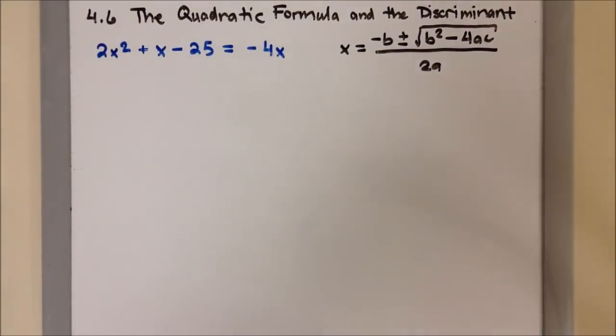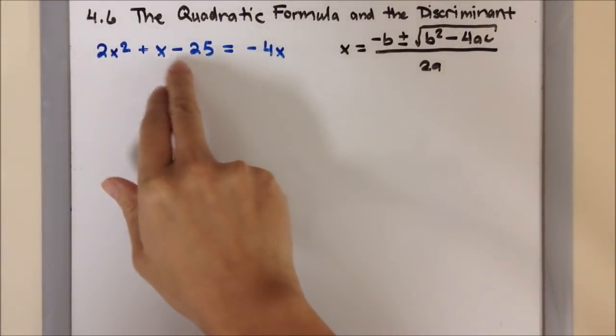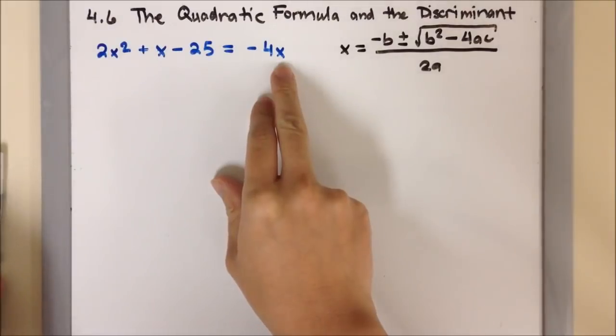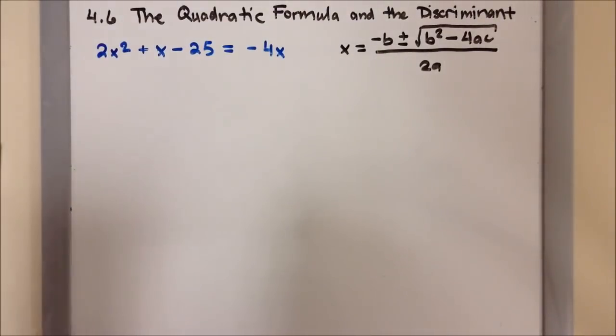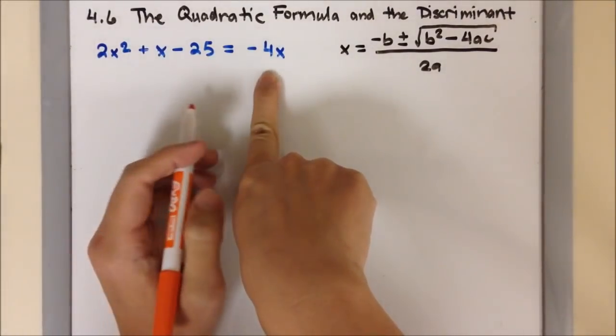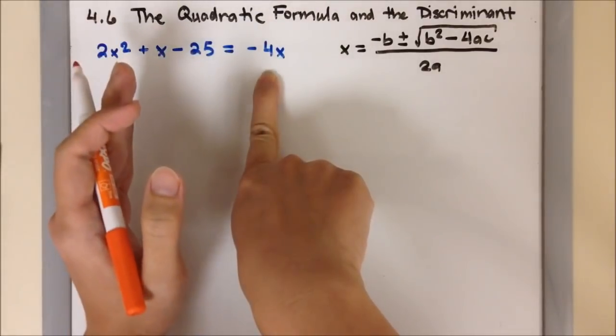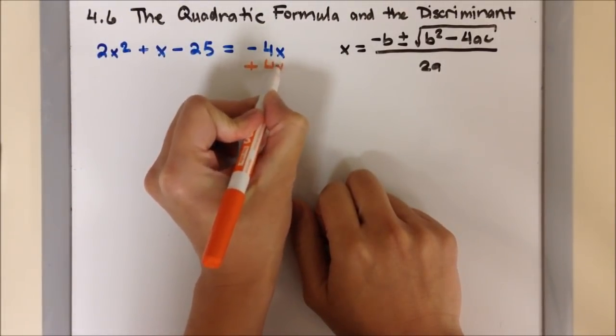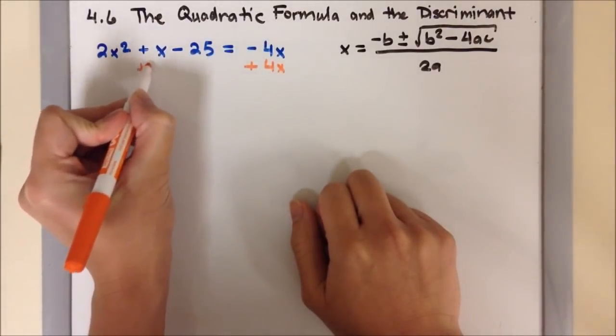In the second example, we have 2x squared plus x minus 25 equals negative 4x. So again, before we identify our ABC, we want to make sure everything is on the same side. Majority is on the left side, so I'm going to cancel out the negative 4x and have it on the left side. So plus 4x and then plus 4x.